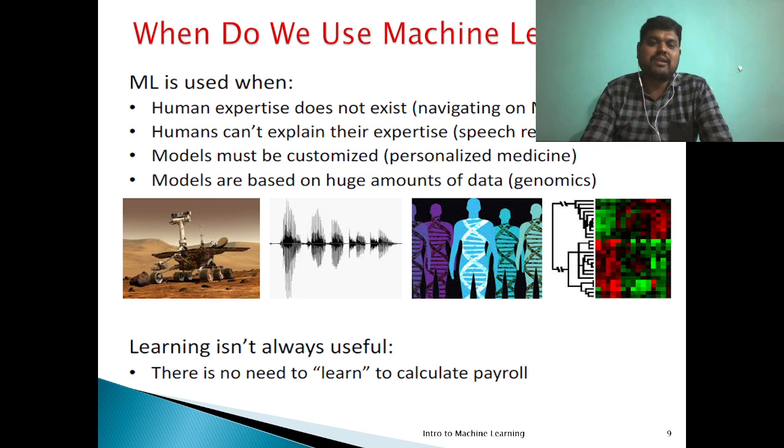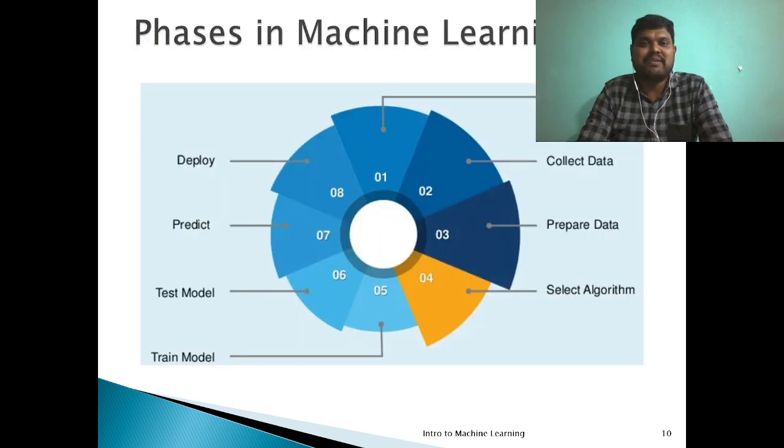So machine learning is not useful to calculate the payroll because it's not going to change in the near future. Machine learning is not always useful, remember, right?